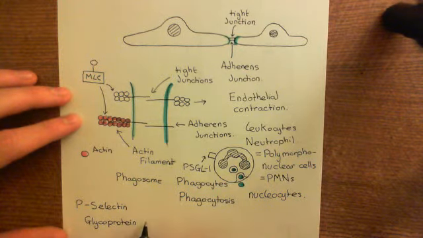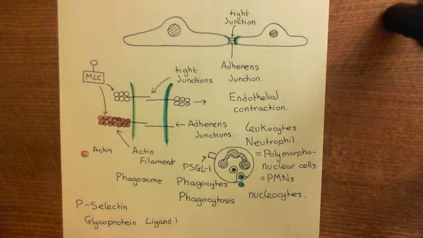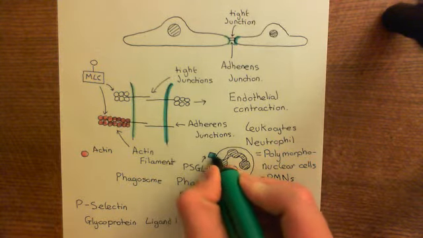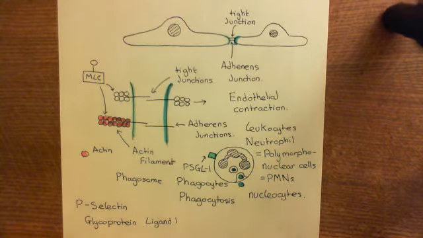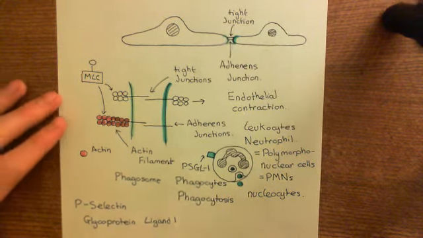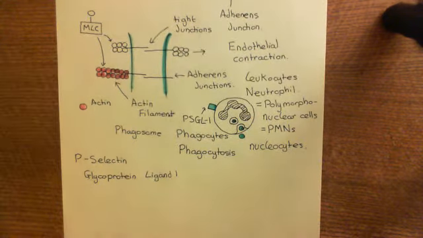So it stands for P-selectin glycoprotein ligand 1. Okay, so on the surface of the neutrophils, you have this protein known as P-selectin glycoprotein ligand 1, or PSGL1. And that's only just visible, that was lucky.